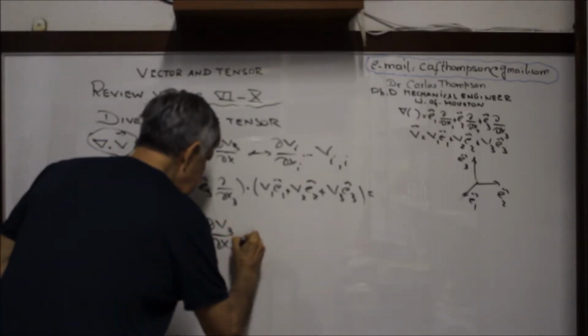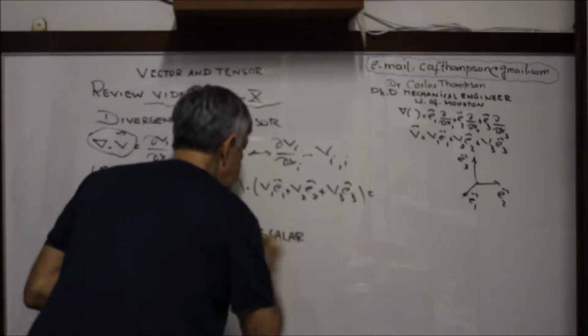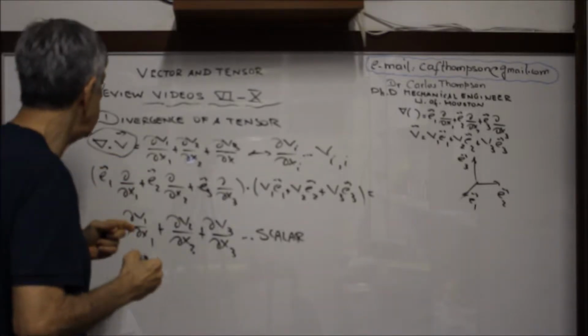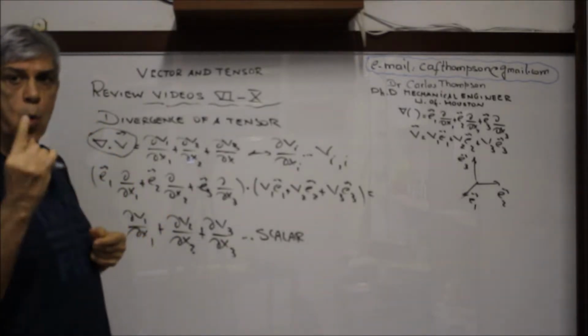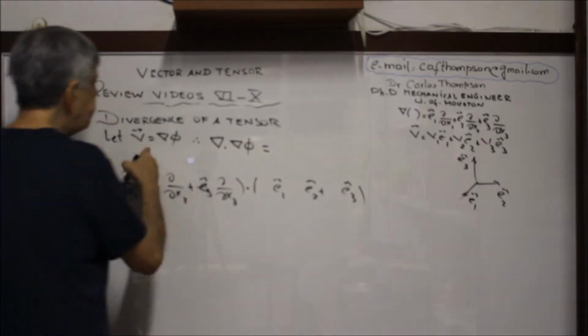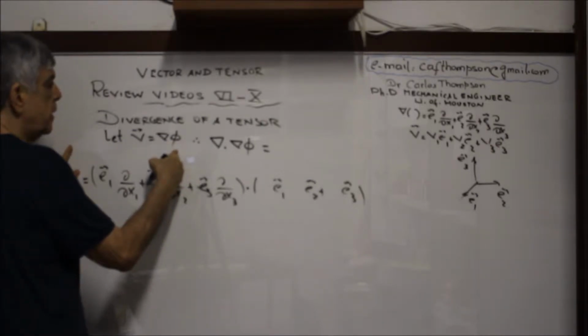Attention now, this is a scalar. A scalar, see? Divergence of a vector decreases by 1 the order of this vector. Let V be gradient of phi.